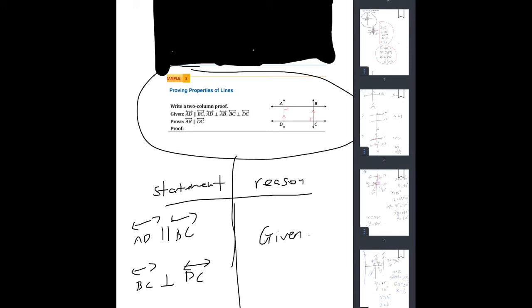So we just write given, it's okay. And what can we prove now? Line AD is perpendicular to line DC. So what does that mean? That is the perpendicular transfer theorem.